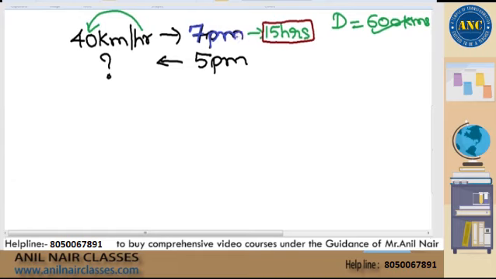But you had also seen the watch at 5 p.m. 5 p.m. is nothing but 2 hours before 7 p.m. If you had seen the watch 2 hours before 7 p.m., you would have traveled 2 hours less than 15 hours. 2 hours before 15 hours is 13 hours, Gopi. I hope it is clear.